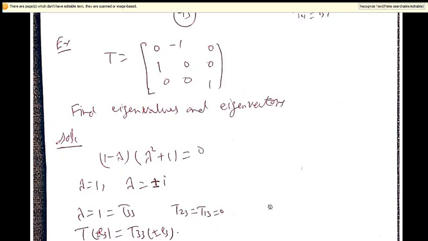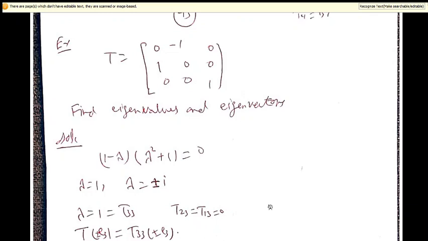Now this is an example in which you can see that our tensor is not symmetric. In all the 3 examples which we have done before this, the tensor which we used to find the eigenvalues and eigenvectors was symmetric.